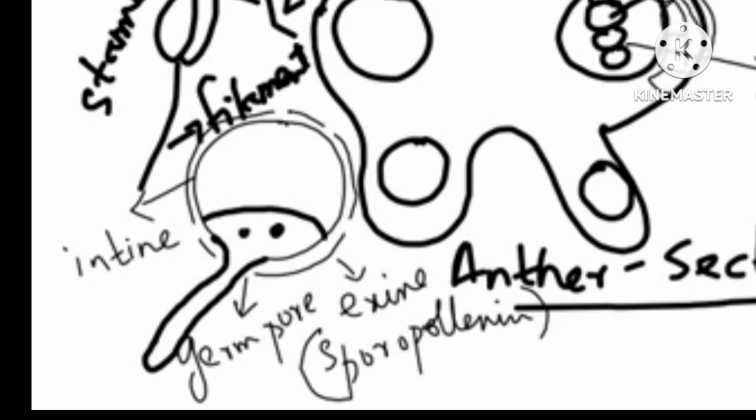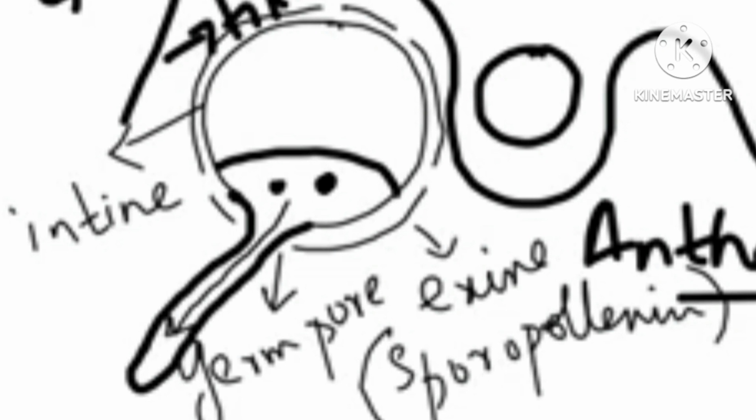These two male gametes will come down the pollen tube. There is a large vegetative cell and there is a generative cell. The intine part of the vegetative cell comes out forming the pollen tube, and the pollen tube will carry the male gametes present in the generative cell. So that's about the pollen.